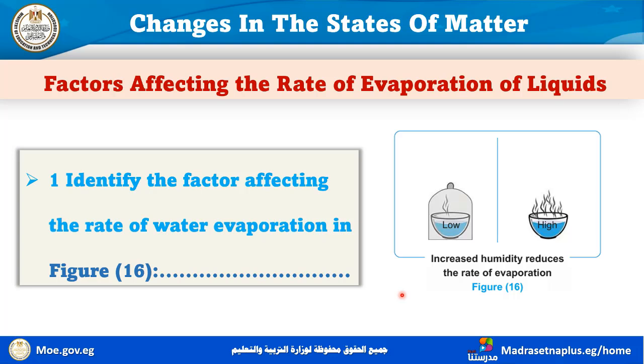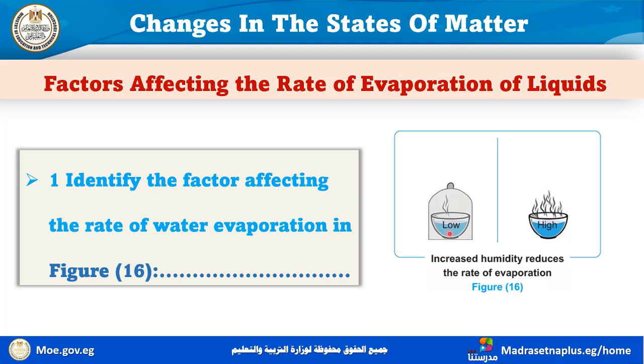So if this percentage is high, we have high humidity, and if the percentage of water vapor in the air is low, we have dry weather and low humidity. The humidity, of course, affects the rate of evaporation.